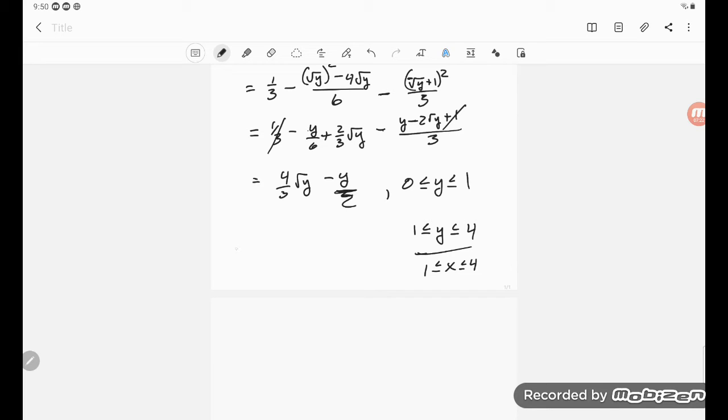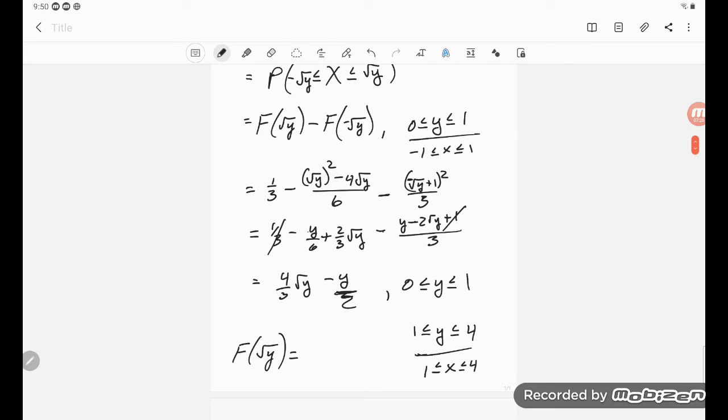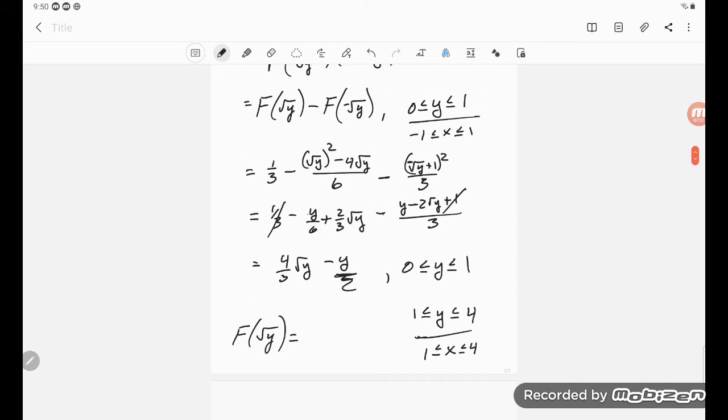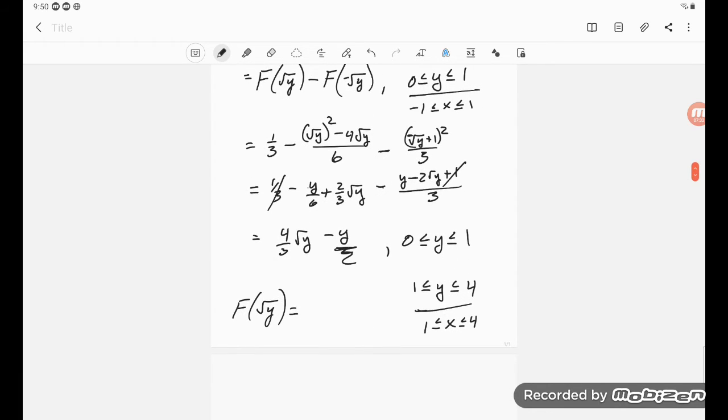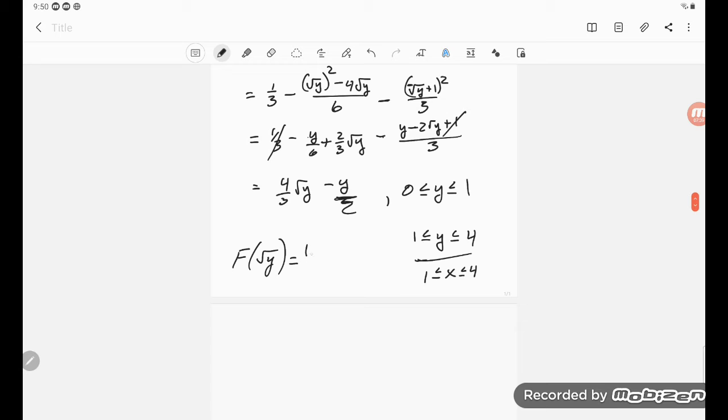If I just look at f of the square root of y, that was this first part, I guess, and so that was the 1/3 minus y over 6 plus 2/3 square root of y, I believe.